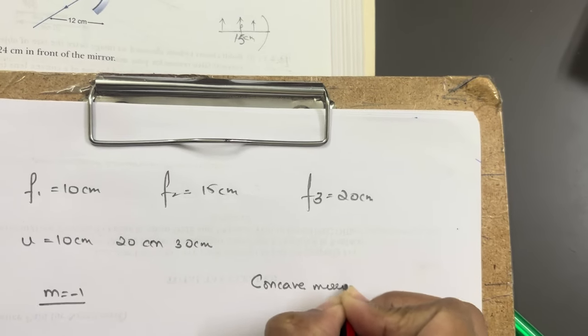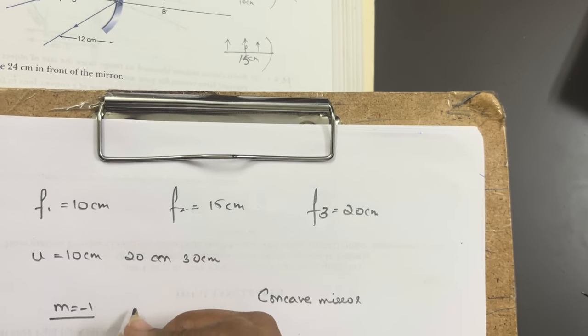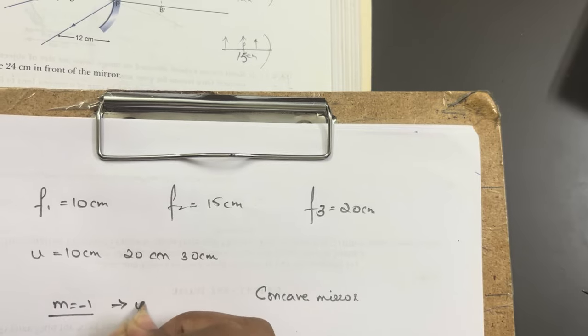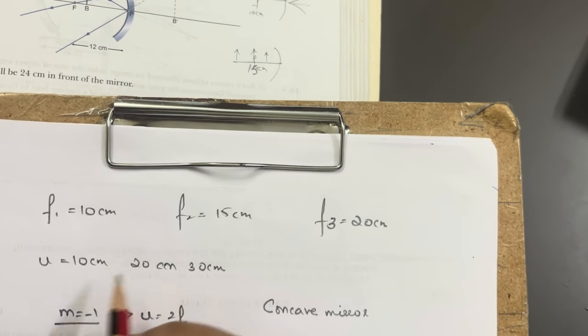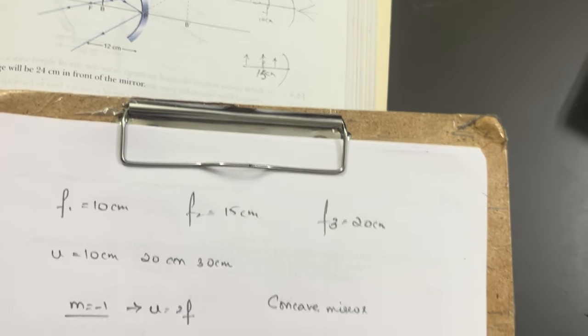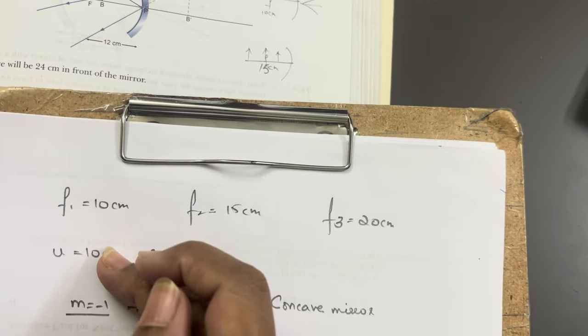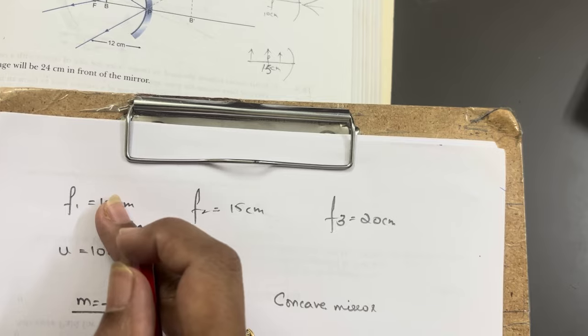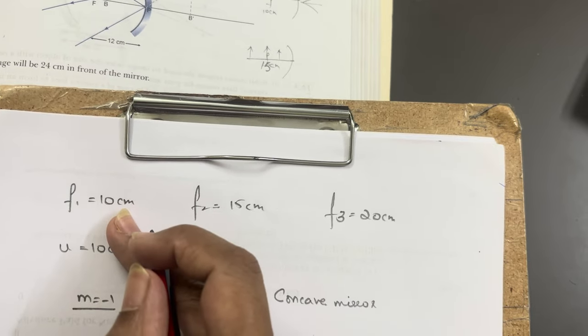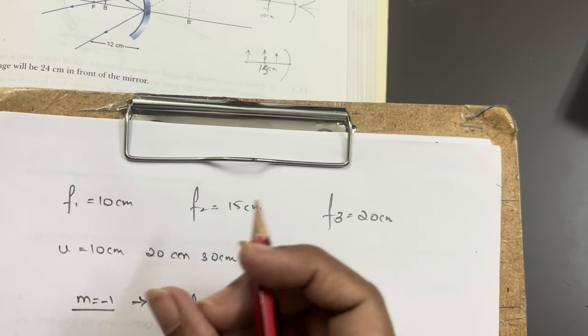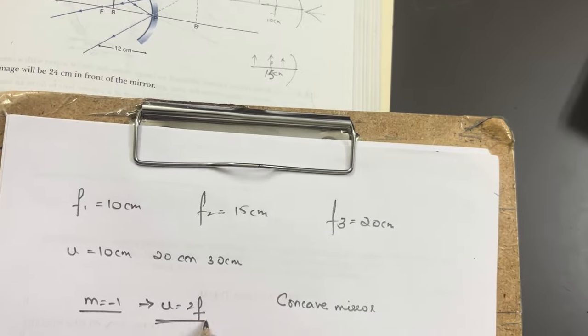Now the condition for this is u is equal to 2 times f. If I keep the object at the same distance as f, nothing is going to happen, no magnification will be there; you're going to get a point size image. 2f should be there.